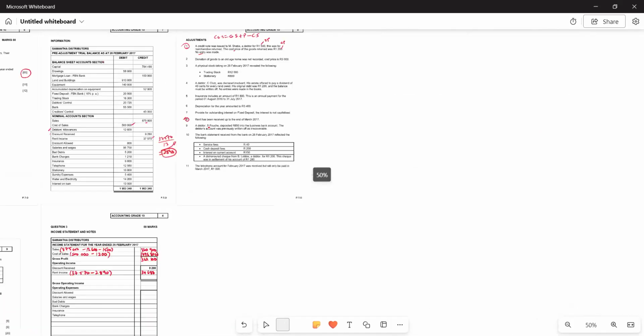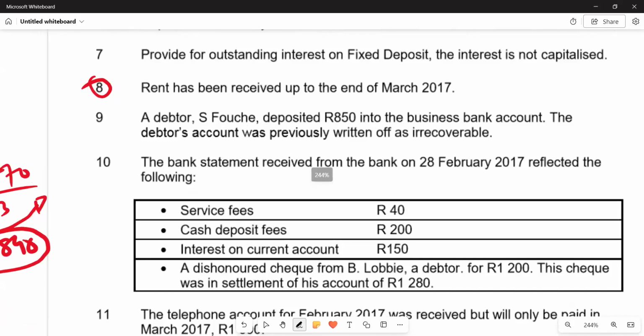We go to information number 9. Information number 9 says a debtor deposited 850 rands into the business bank account. The debtor's account was previously written off as recovered. So this is bad debts recovered. It was previously written off and it has been paid. So we call it bad debts recovered and it's an income. So we've got an income of 850 that we need to include there.